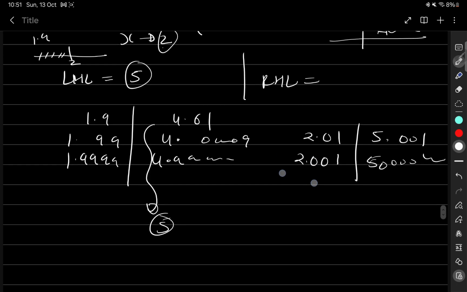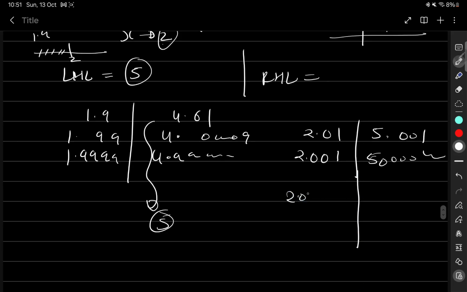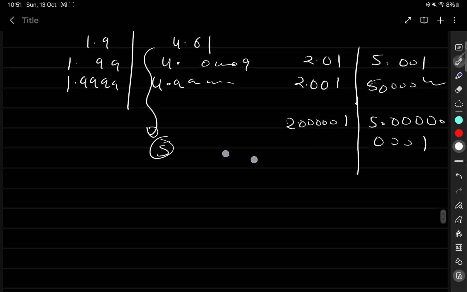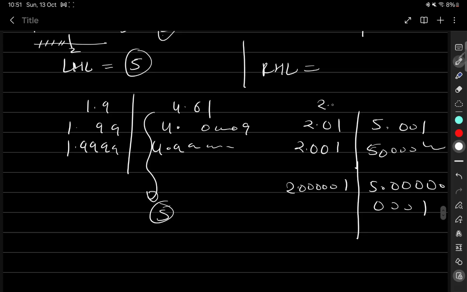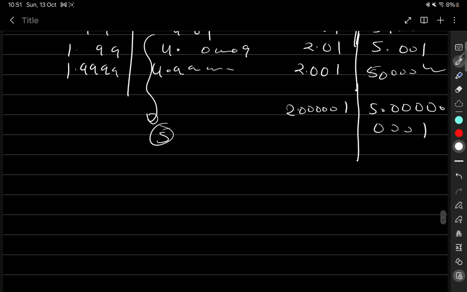So this value is getting more lesser. So I am getting 5 point more 0 than 1. At 2.1 I am getting 5 point something. So this is how we are getting values.